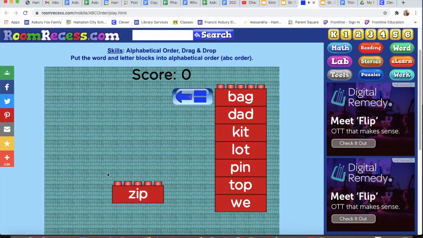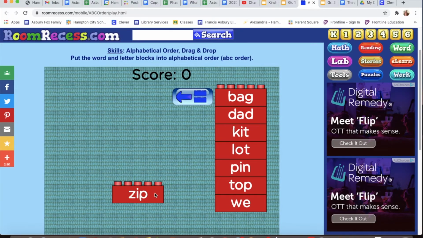Now, my last word is zip. And without saying the ABCs all over again, well, you can look at the ABCs that you wrote down on your list. Does Z come after the W in your ABCs? It sure does. And Z is the last letter of the alphabet, isn't it?